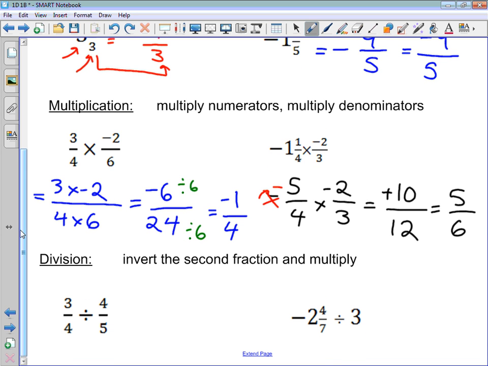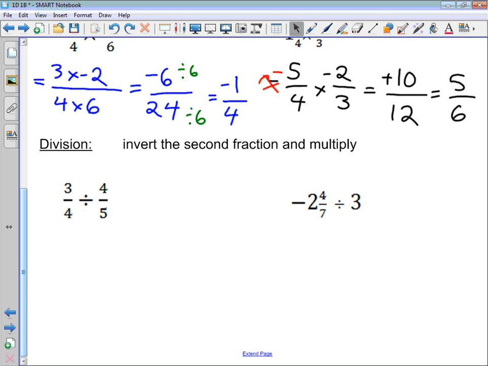All right. Now, if you can multiply, you can divide. Okay? Because dividing is the same as multiplication with this extra step in the beginning. We take our second fraction, invert it, and then we multiply. So if we've got something like 3 over 4 divided by 4 over 5, we are going to keep the first one the same, 3 over 4.